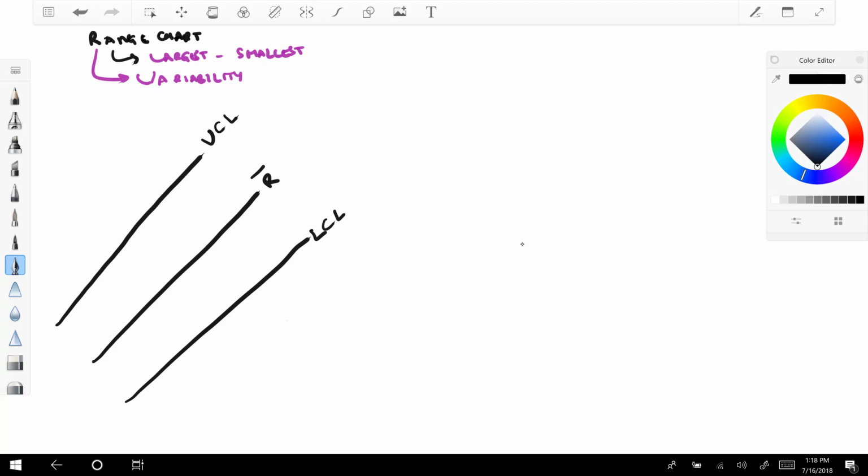So R bar is the mean of the sample ranges. If we plot different samples, all should lie within these limits, upper control and lower control.